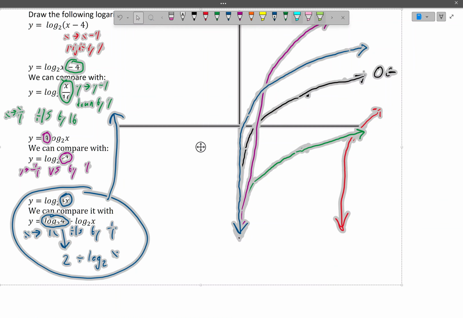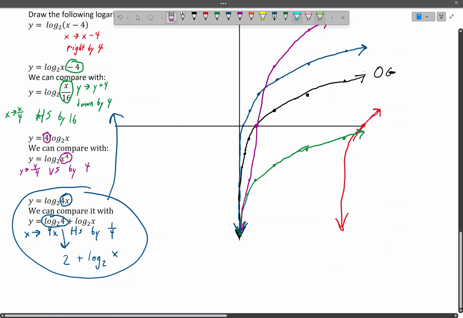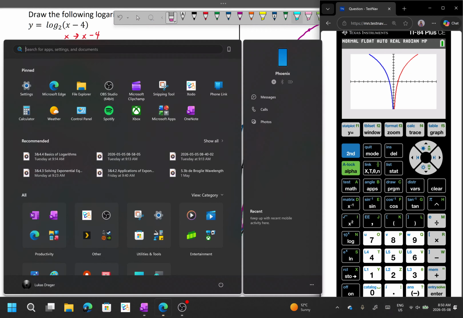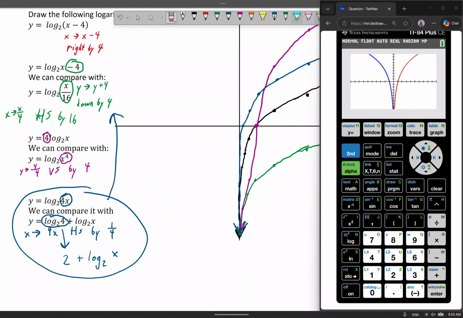And so, yeah, again, we can graph those, and we'll do that on our calculator just to compare the two.